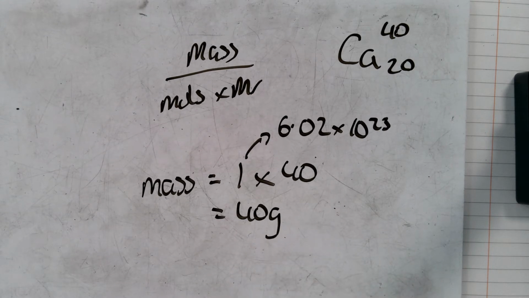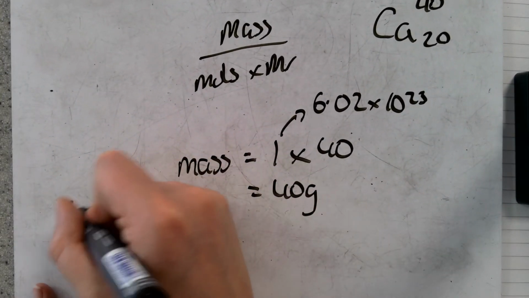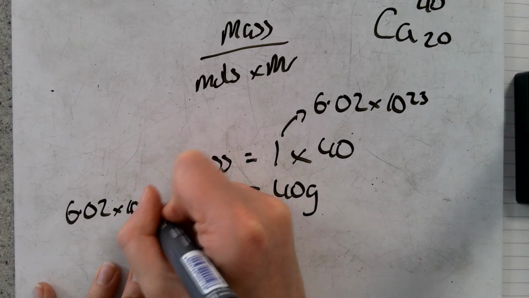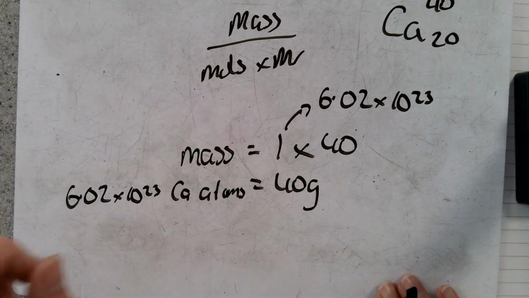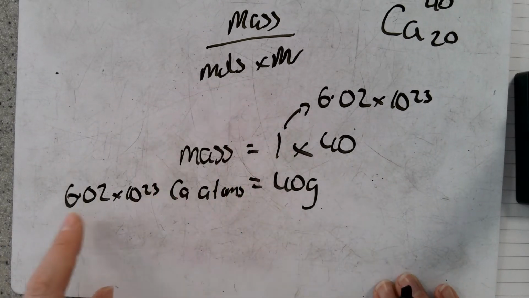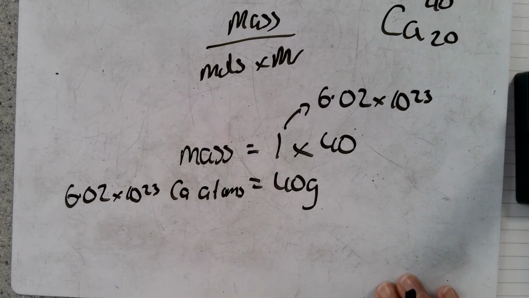The question asks you, what is the mass of 1 atom in grams? So 6.02 by 10 to the 23 calcium atoms, because that's how many atoms are in 1 mole of calcium, and we said we had 1 mole. This number of calcium atoms has a mass of 40 grams.